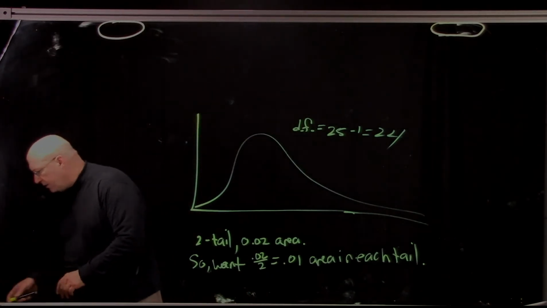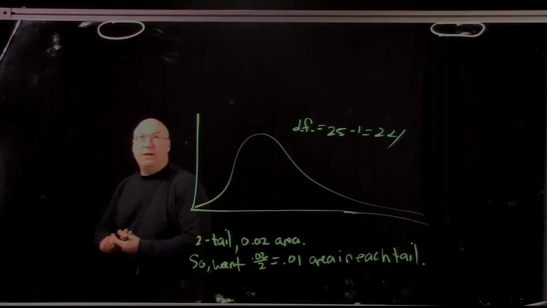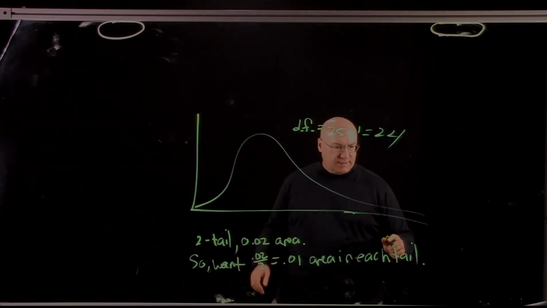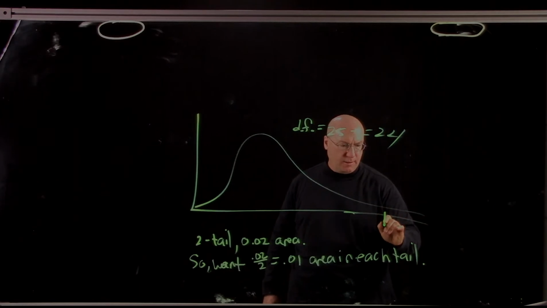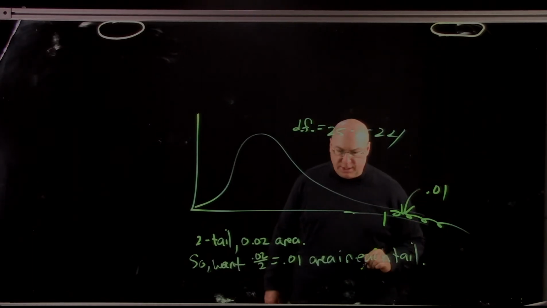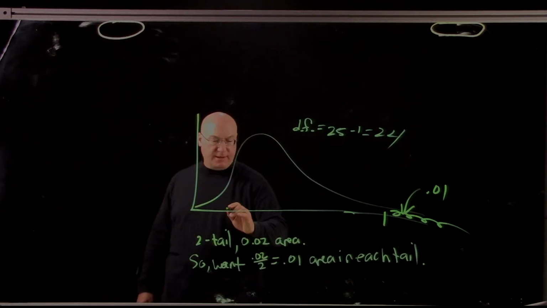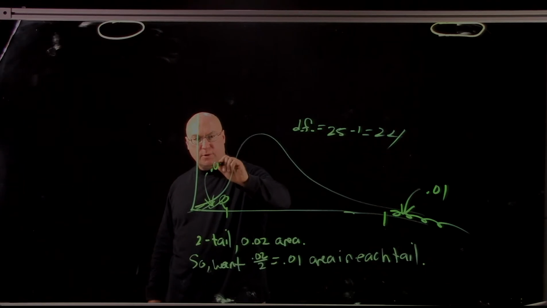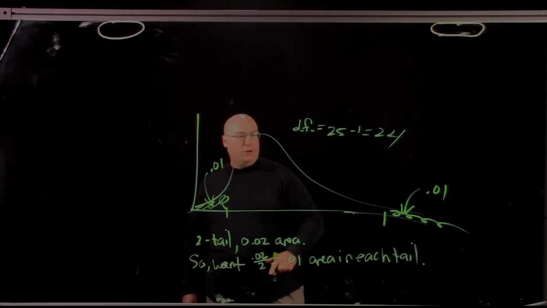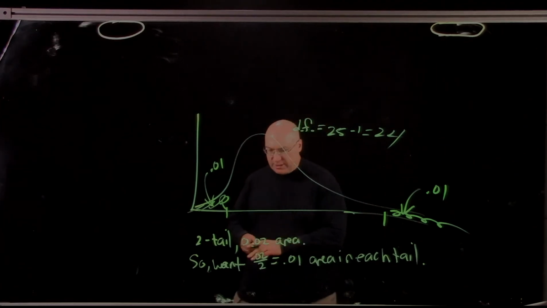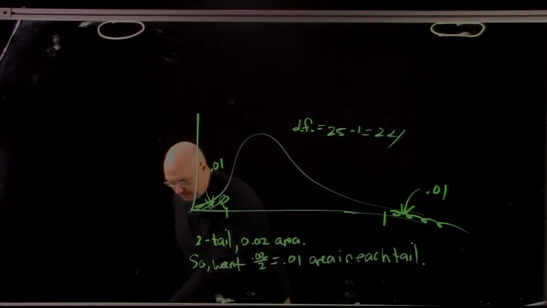I'm hitting the squeaking. Let's try this. Okay, so I want somewhere out here some value, so that's 0.01, and somewhere back here some value, so that's 0.01. So to get this one, I go into the table at degrees of freedom 24.